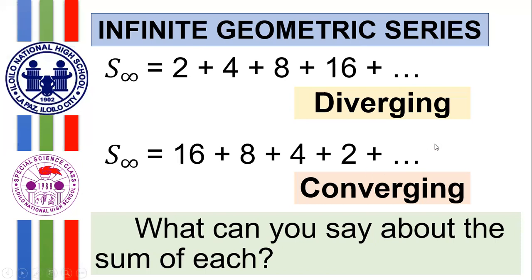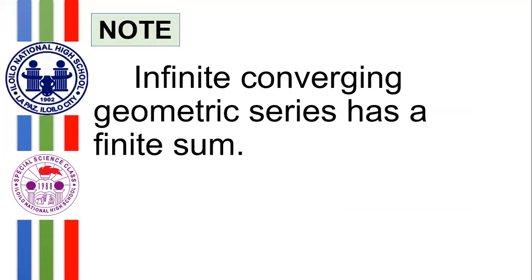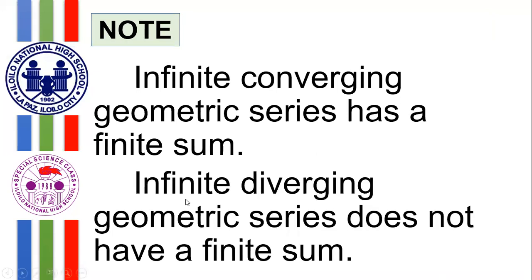However, for a converging geometric series, it is finite. And I will explain later how come the sum of an infinite converging geometric series is finite. So again, an infinite converging geometric series has a finite sum, whereas an infinite diverging geometric series does not have a finite sum.